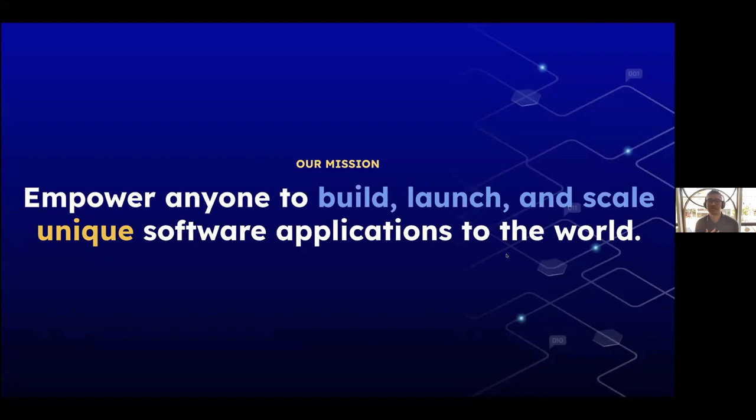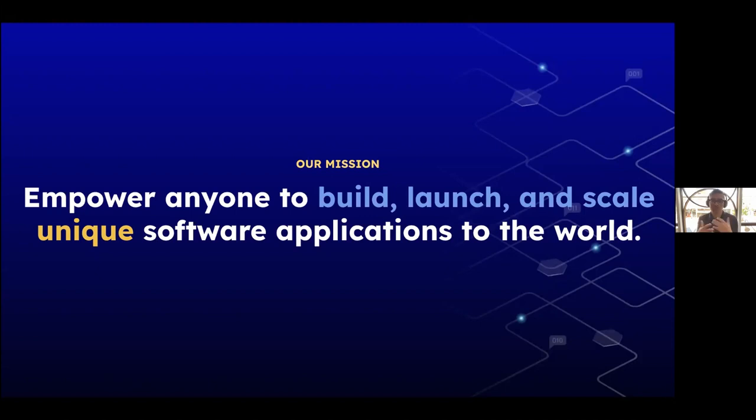Our mission as an organization is really to empower anyone to build, launch, and scale unique software applications to the world. And the reason why unique is highlighted is because typically what makes your application unique is that 99%, the complexity that is required, right?